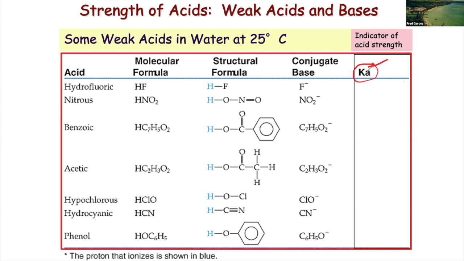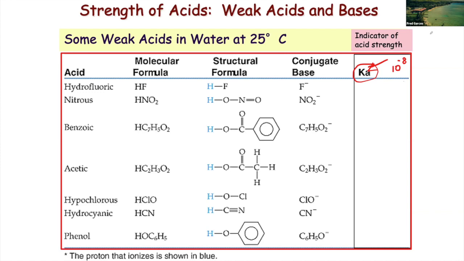Ka is an indicator of how well it dissociates, how well it ionizes, how well it splits up. Ka is never negative, but it can be very small, 10 to the minus 8, for example. That's 7 zeros preceding a 1. That's a very small number.